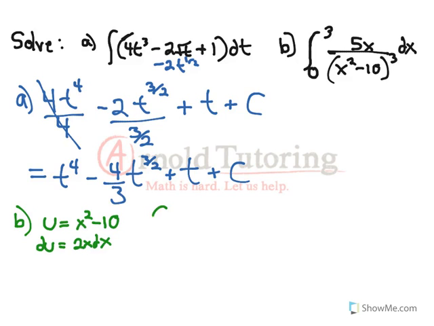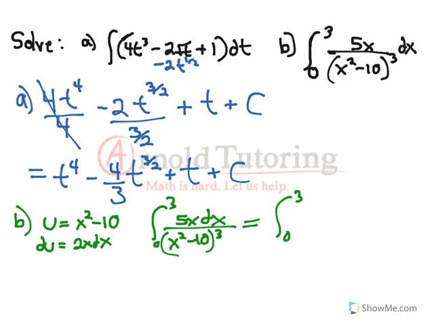Great, so now if we're looking at the integral we have, 0 to 3 of 5x dx over x squared minus 10 to the 3. This just becomes 0 to 3 of, if we want 2x dx and we have 5x dx, that's just 5 over 2 times du.